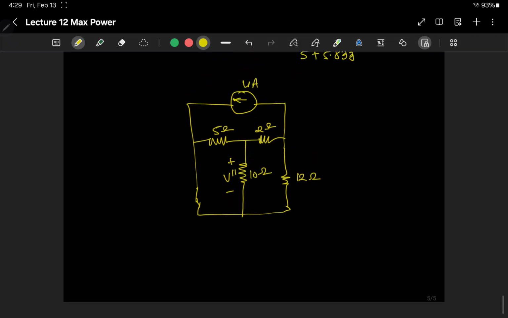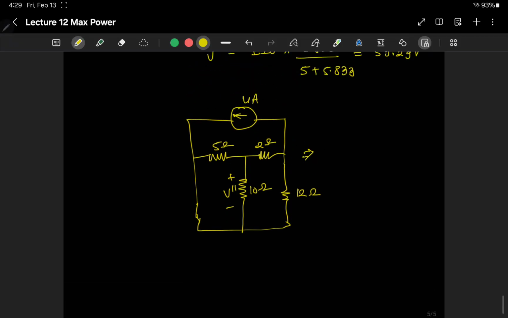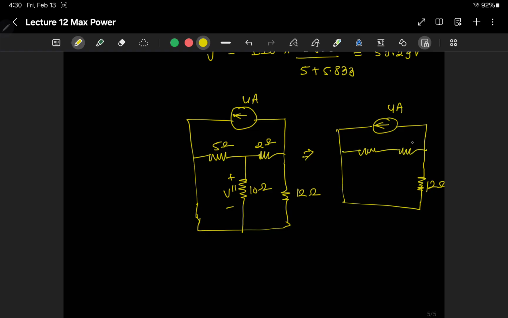So you can convert this circuit into the 4 ampere source, the 12 ohm resistor, and these two resistors: 2 is here, and this is the parallel combination of 5 and 10, which gives you 3.33 ohms.